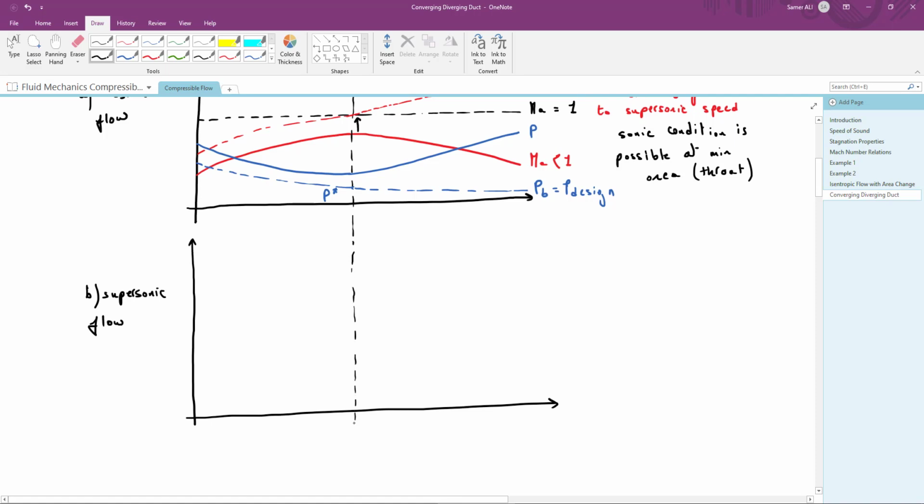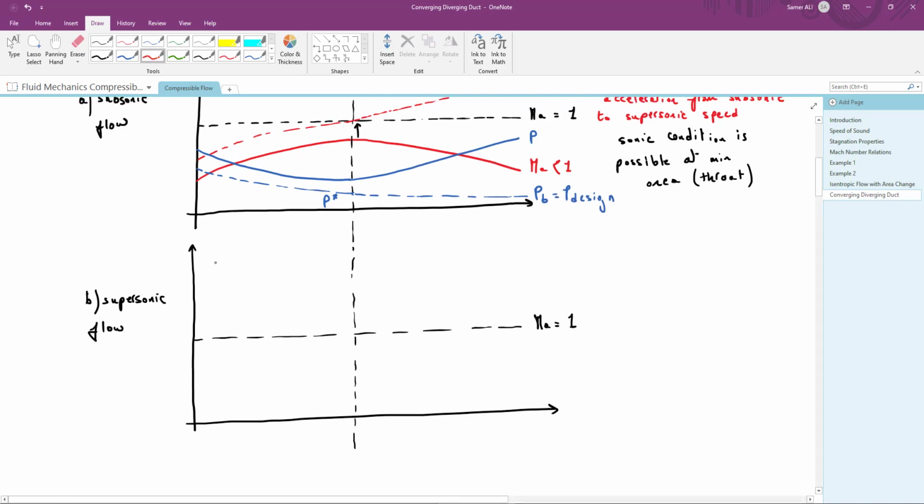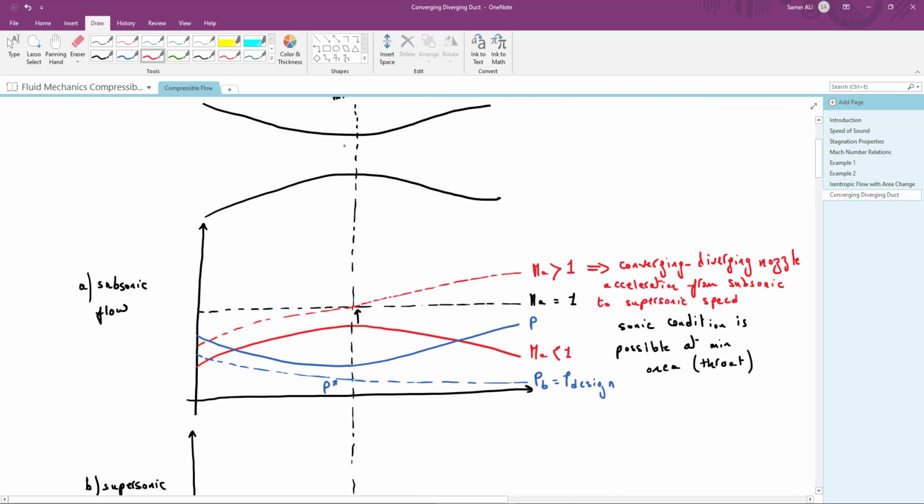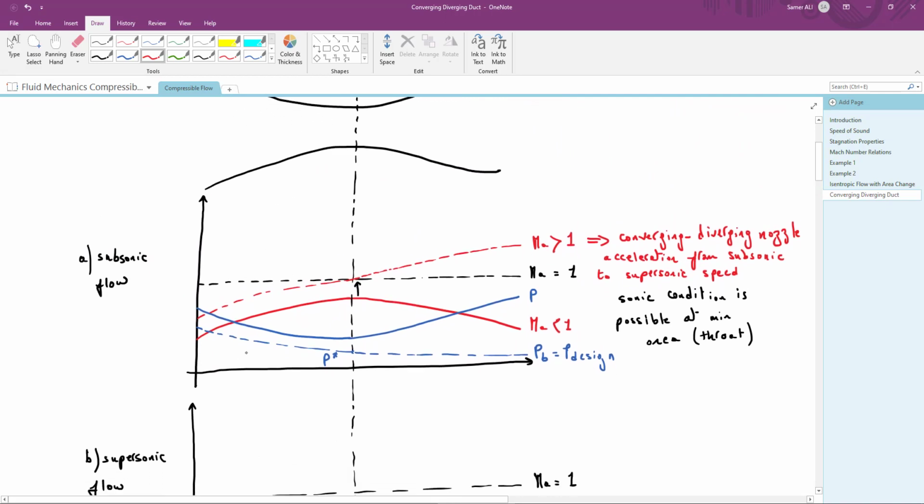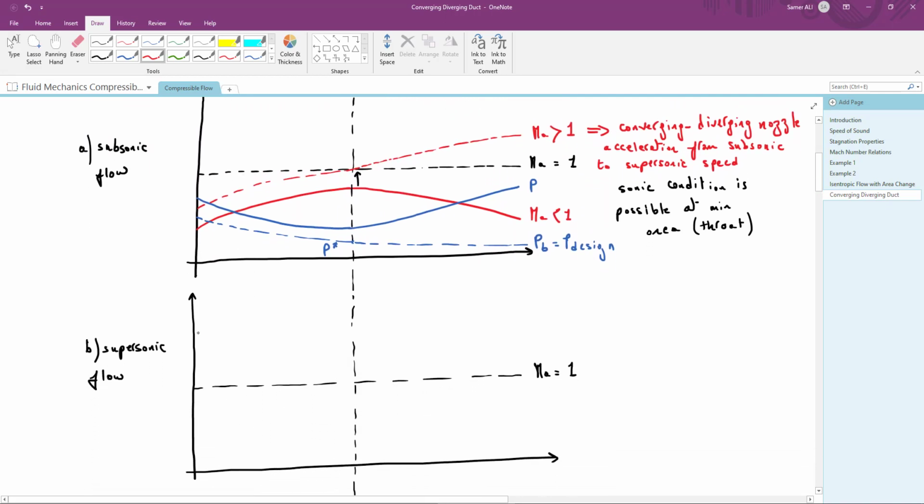So this is the location where the area is minimum, and here we have the reference value for Mach number equal to 1. Now, starting from supersonic flow, the converging section will act as a diffuser, as we said, for supersonic flow. So the velocity will decrease and the Mach number will decrease. So the Mach number will decrease and it will reach a minimum value at the minimum area location.